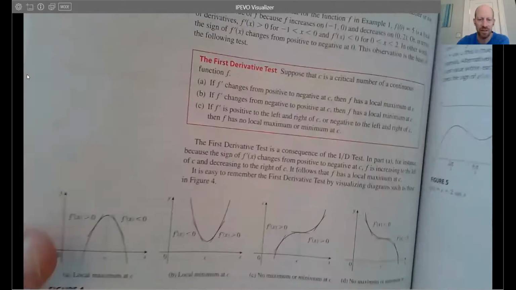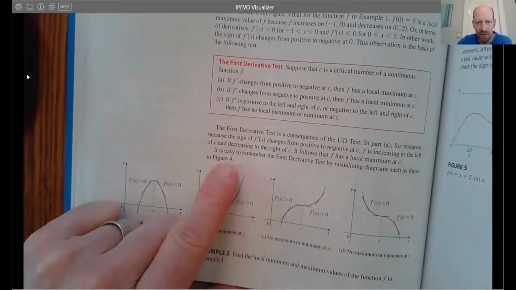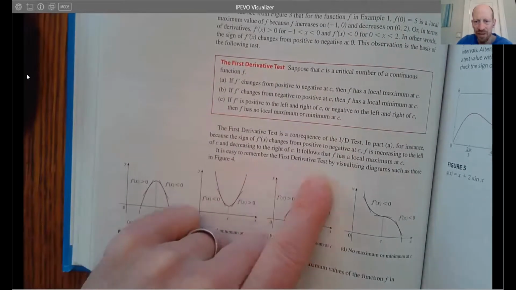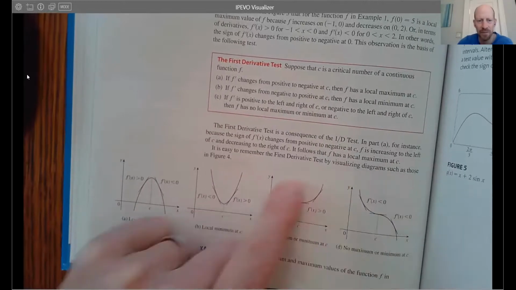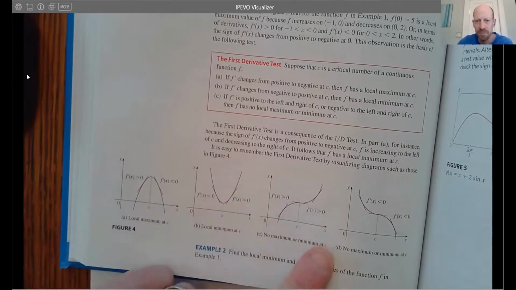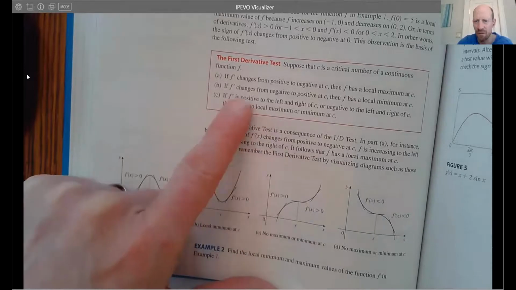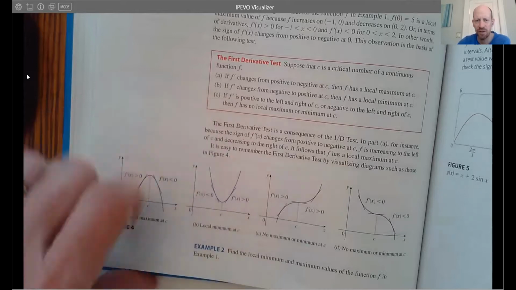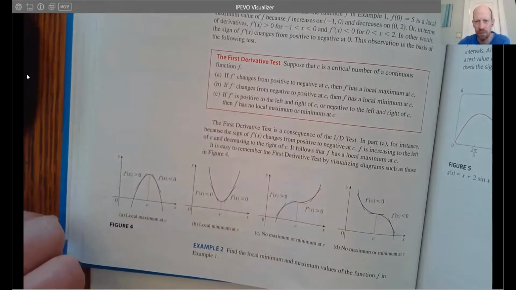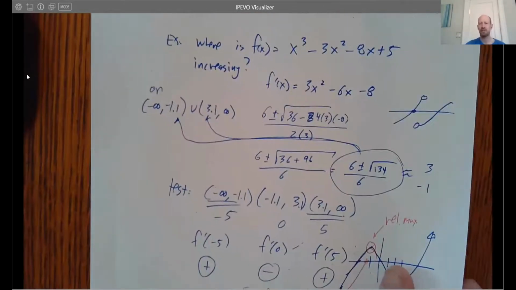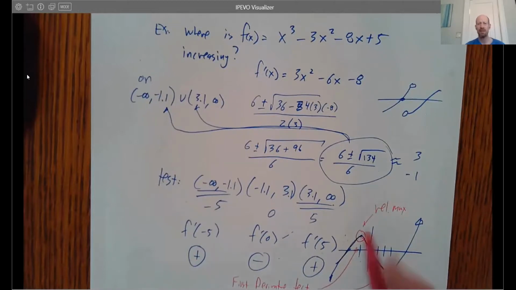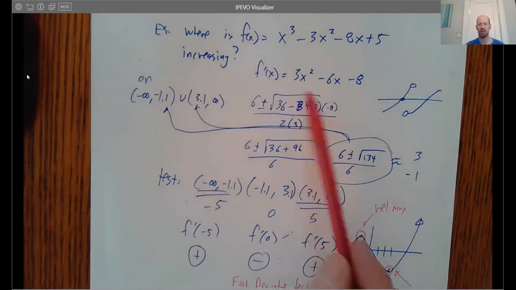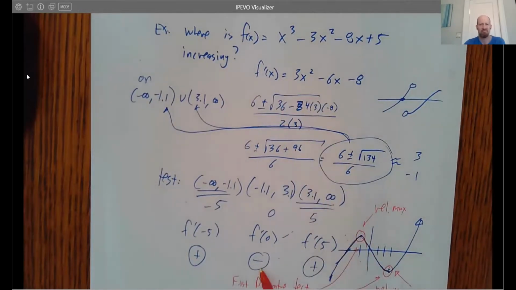So yes, and that's the diagnosis. This is what I would say too. It is easy to remember the first derivative test by visualizing the diagrams like here. Don't memorize it in this red box, right? Just visualize the diagrams. That's going to work for anything that we run across. So if the question asks you to find the relative minimums and maximums, you basically do all of the same work that you would for increasing, decreasing.